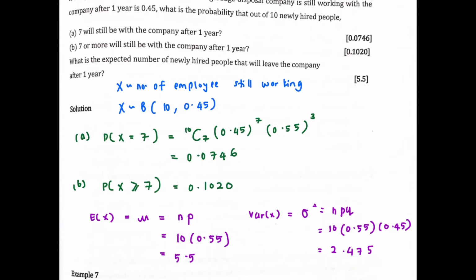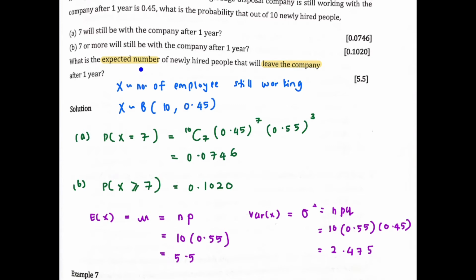Alright, look at the last one. This is the one that I want to stress for this subtopic, which is: what is the expected number of newly hired people that will leave the company after 1 year? So the keywords are expected number and leave the company after 1 year. Expected number is also equivalent to the mean or the average.